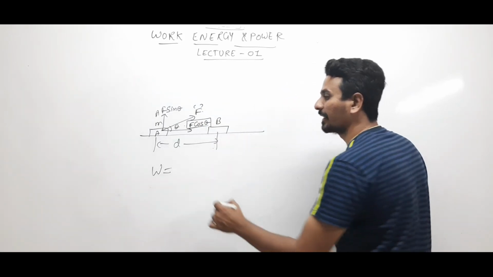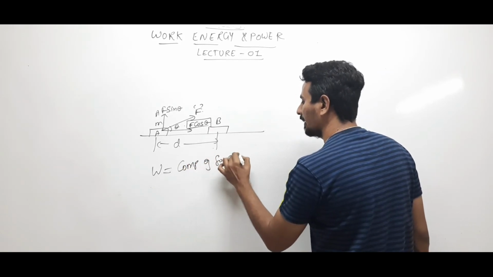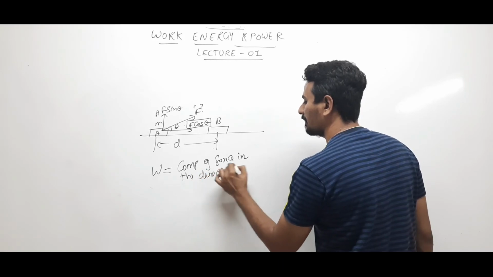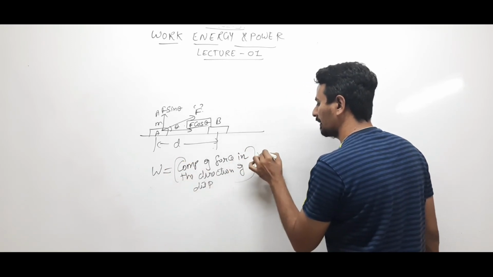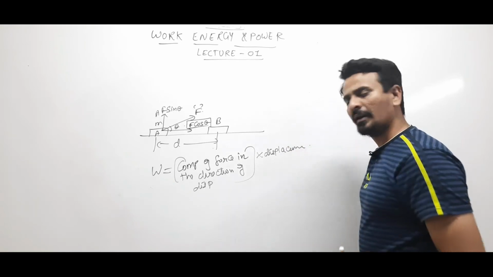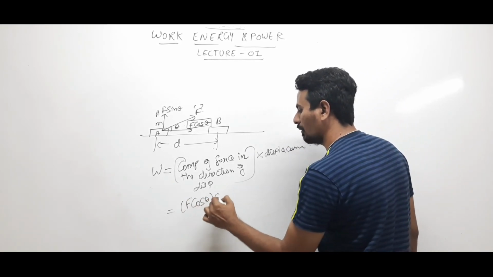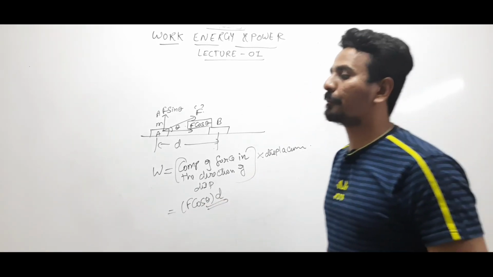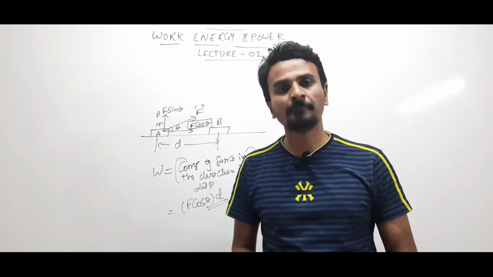So work done can be written as the component of force in the direction of displacement into displacement. Clear? So the result will remain the same. We will write F cos theta into d. So work done will be the same, right? But you can define work done more precisely as the component of force which displaces the block, right?